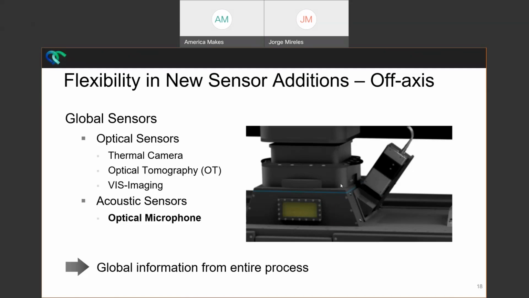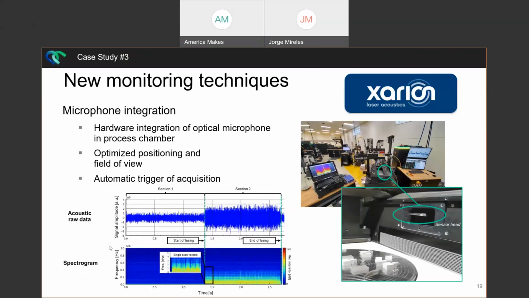But the last thing on this list, and the last thing I'll discuss today, is using an optical microphone. In this example, we've collaborated with a company by the name of Zerion and implemented some of their hardware.